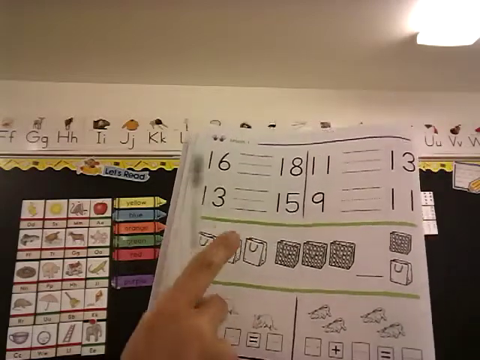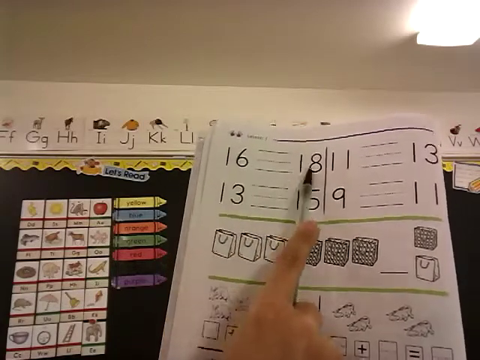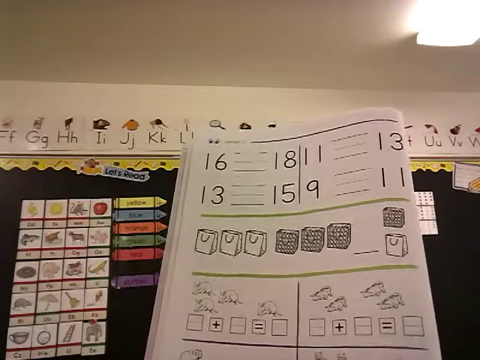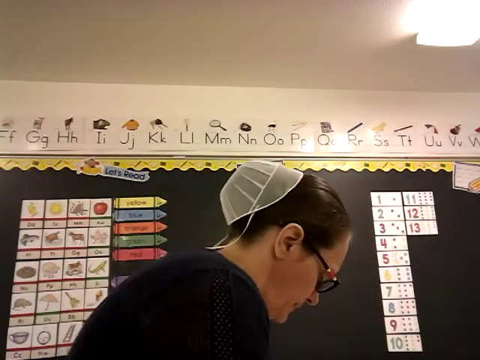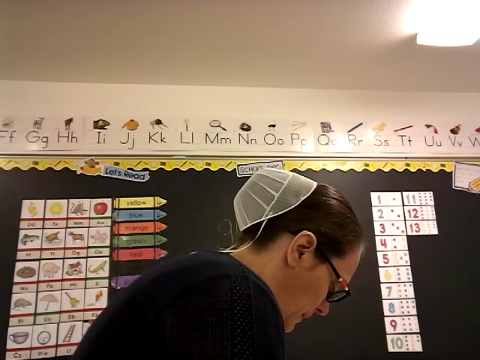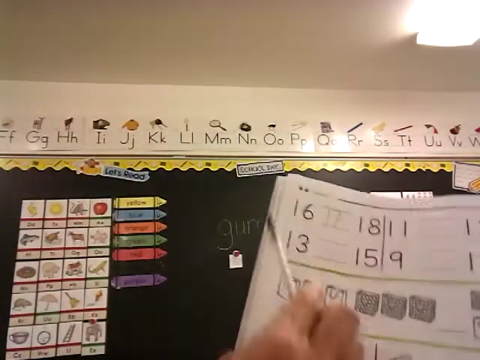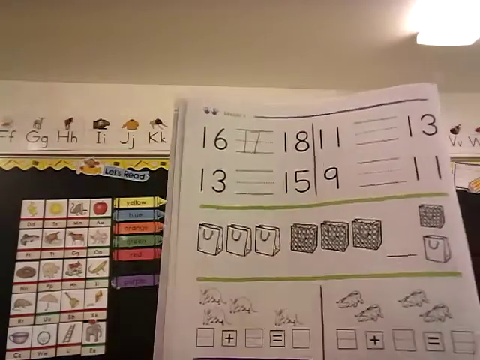The 7. So 17 comes between 16 and 18. Let me write a 17 in there. So you have 16, 17, 18.